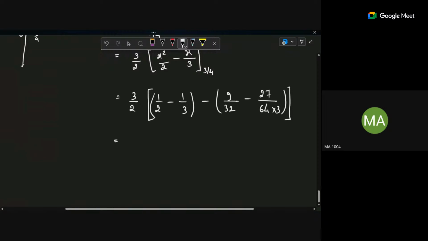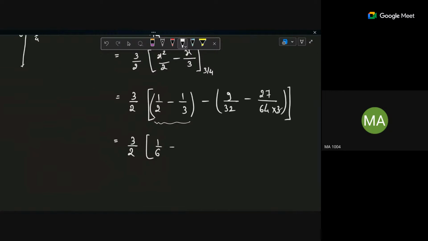So now just the calculation part. This is 1 by 6, fine. This part minus this is 9 by 64. Then we will get 9 by 32 minus 9 by 64.